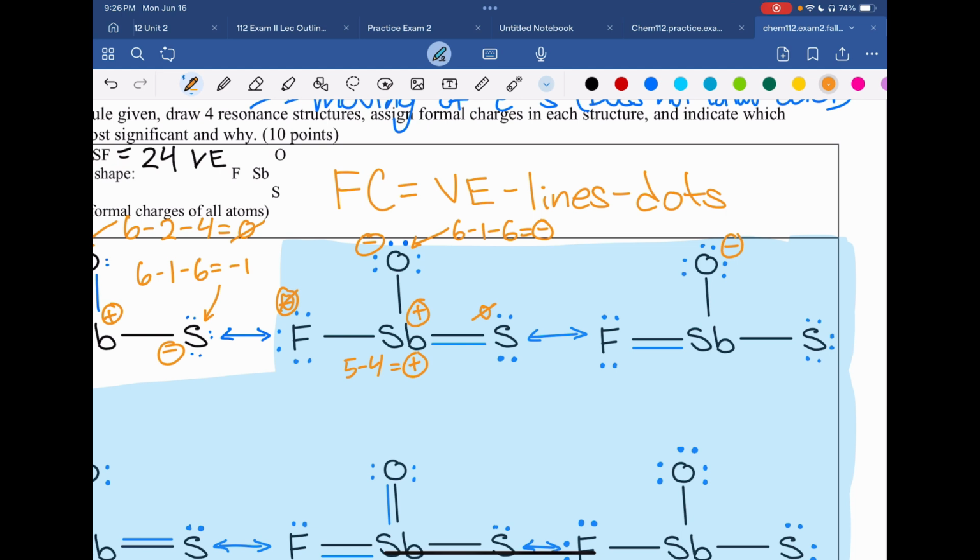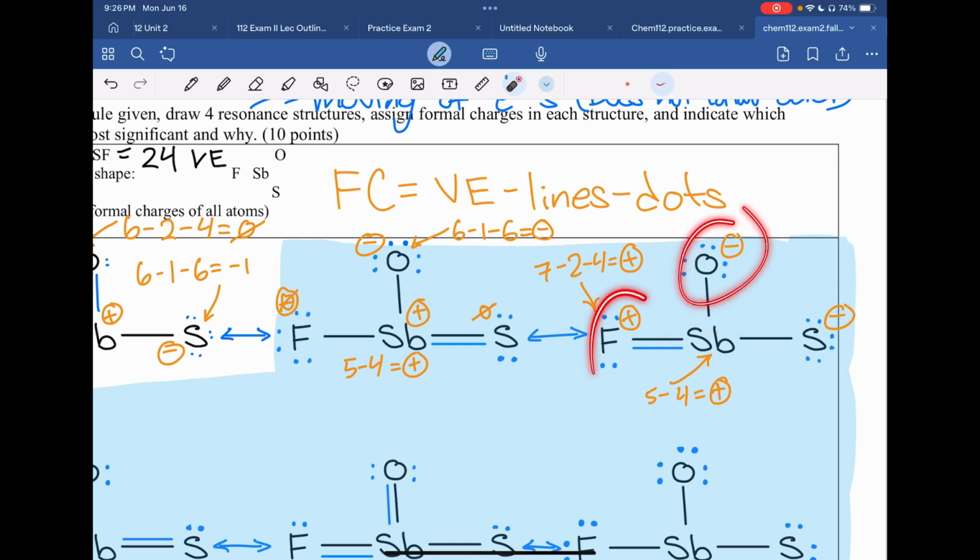Negative. Negative. The fluorine is 7 minus 2 minus 4. This is positive. And antimony, 5 minus 4 lines is positive, right? So this whole molecule is still neutral, right? This negative cancels out with this positive, and this positive cancels out with this negative. The whole molecule is neutral, and this must be important.